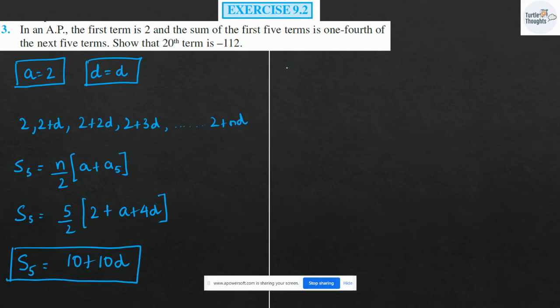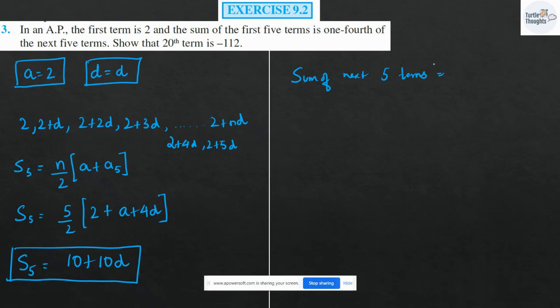This will be S5. Similarly, the next 5 terms, what will that be equal to? The next 5 terms, if you take that, S2 plus 4d, 2 plus 5d, like that you should be taking. So 2 plus 2, 10. I will be getting the sum of next 5 terms.